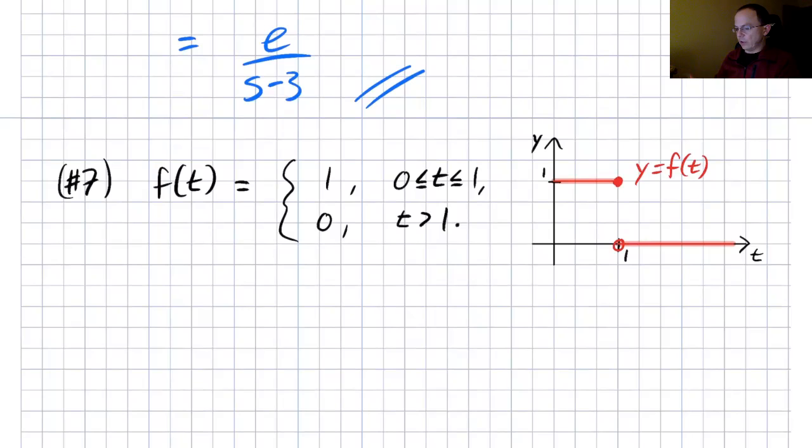This is especially important in things like analyzing circuits, so electrical engineering, where you'll have a switch which is turning on and off at certain times. So Laplace transforms give us a perfect way to be able to deal with these.